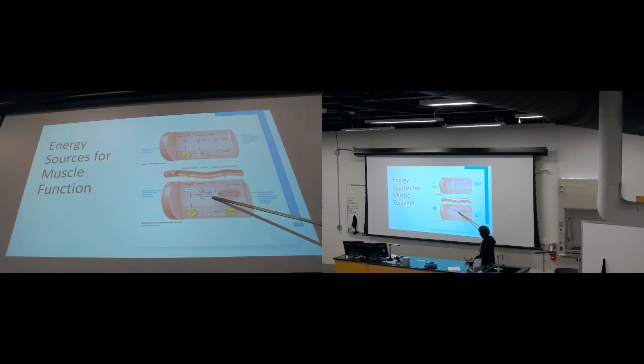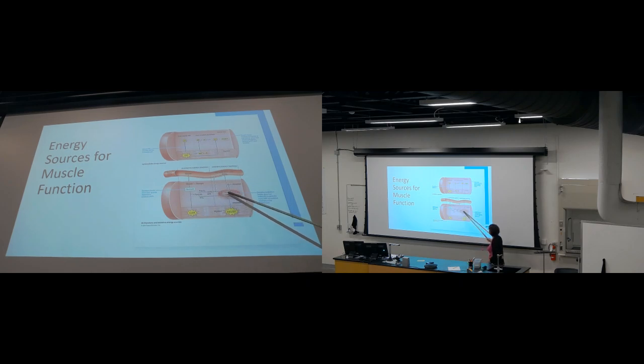And if you run out of glycogen from your muscle cells, you can have glucose coming from your blood vessels that ultimately both of them feed into the glycolytic cycle, which is an anaerobic pathway, and then you generate pyruvate. And if you don't have oxygen, you will generate lactic acid.